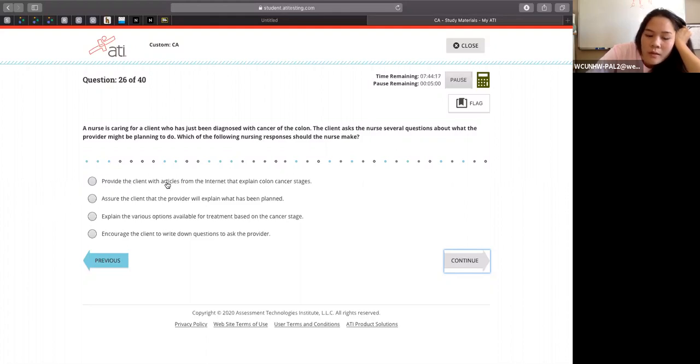Provide the client with articles from the internet explaining colon cancer stages, but that's not what they asked, right? They asked, what is the doctor going to do? Assure the client that the provider will explain what has been planned, explain the various options available for treatment based on the cancer stage, encourage the client to write down questions to ask the provider.